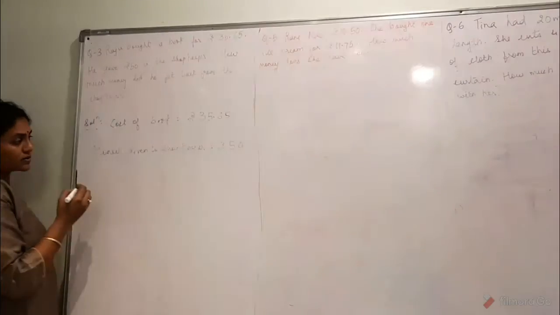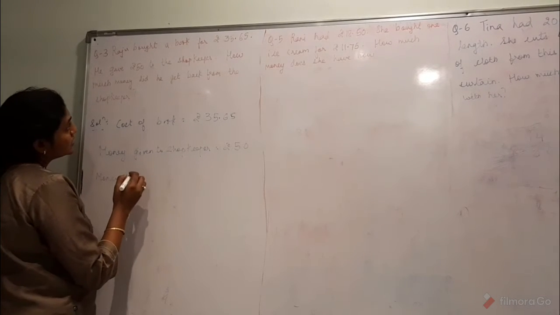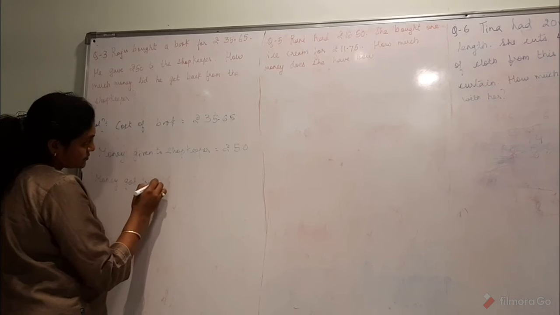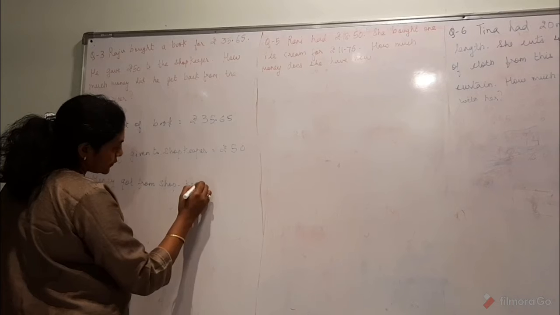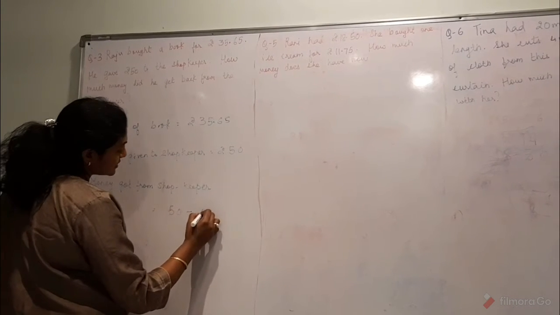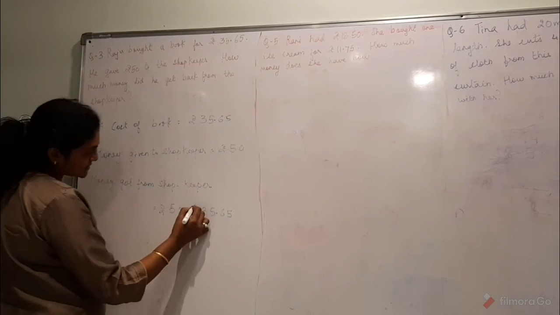So money he got, money got from shopkeeper is equal to 50 minus 35.65, right? This is all rupees.